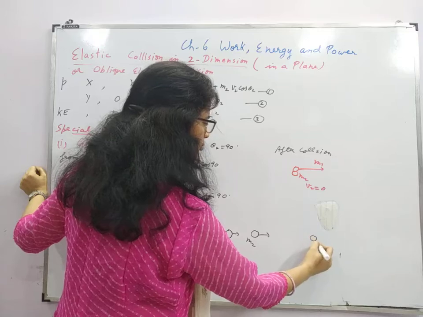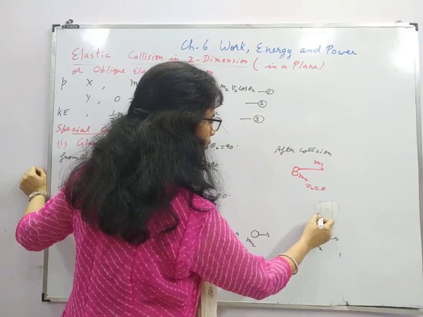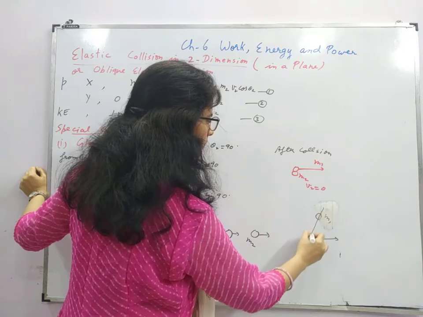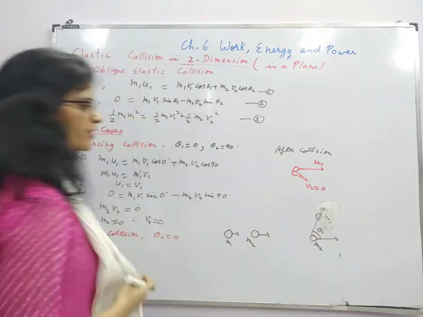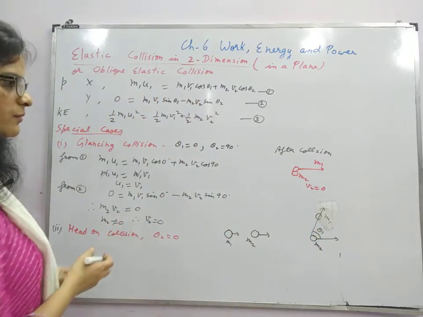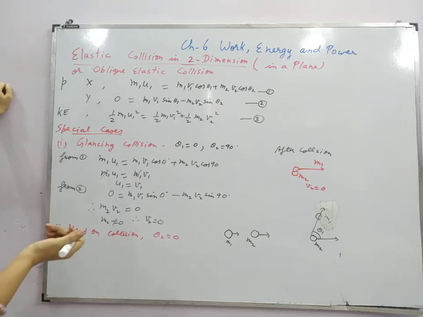So m2 moves this way and m1 moves this way. So theta 1 is the angle of the first one, and theta 2, that means the second one, is at 0 angle. So we can put this value to find some relations.